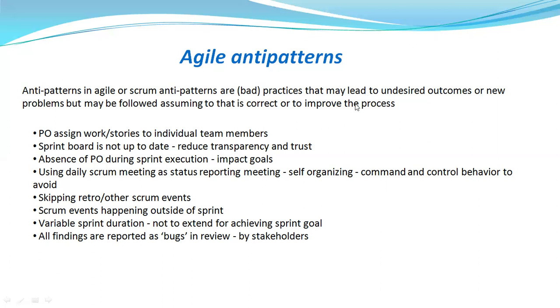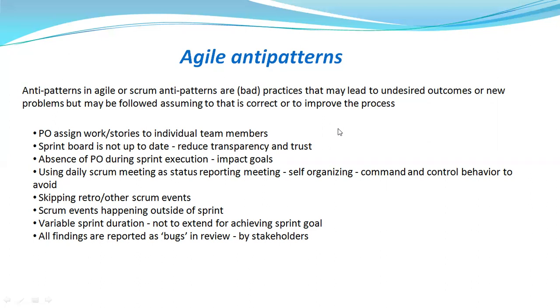So in short, those are the bad practices that may lead to undesired outcomes or some new problems. But what happens is the team will be following that, assuming that that is the correct way to do something, or they may be thinking that it will improve the process, and they follow some pattern.